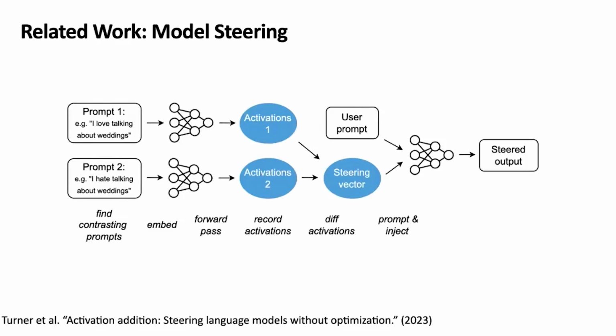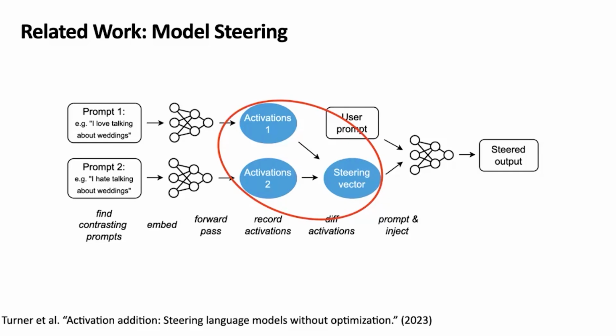In particular, the method that we use stems from a couple of previous works. There's this paper by Alex Turner et al. that I believe is one of the first papers proposing intervening at inference time on the activations of a model with a vector that is computed to represent a specific concept. In this example, like sentiment with respect to a specific topic, like weddings.